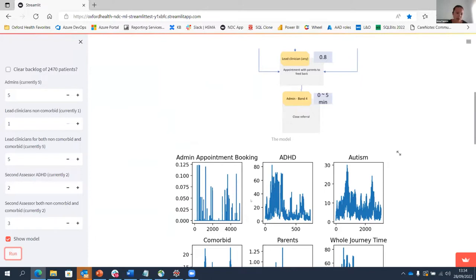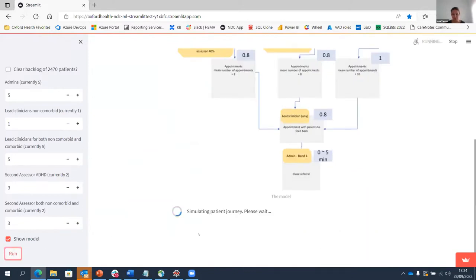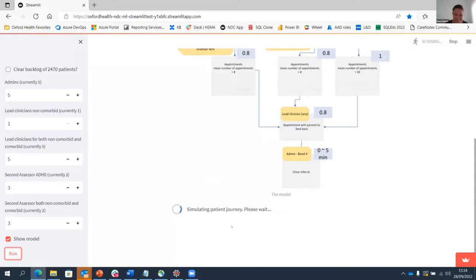So if I increase second assessor ADHD and run the model, then I can also look at the waiting time and compare it. I should learn to talk while it's running.